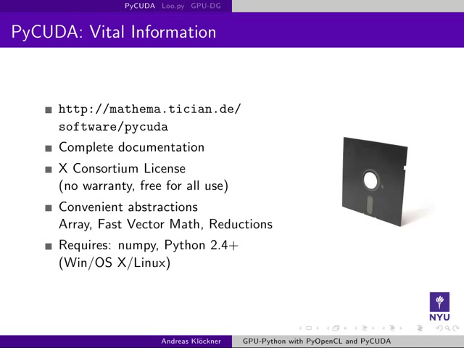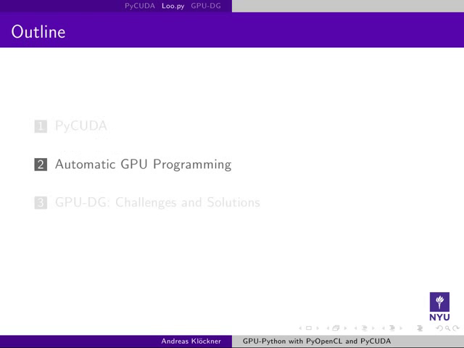Actually, don't use my name in advertising. And no Boost requirement anymore, so NumPy and Python 2.4 should get you started. There is documentation, and you can find all kinds of stuff that you might want to see on my webpage. Alright. That about covers it for PyCUDA.